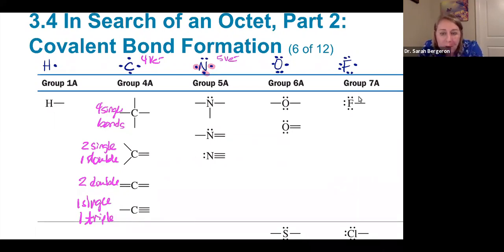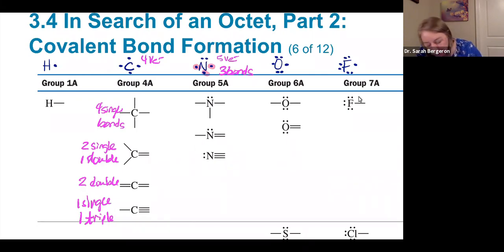You leave it alone because it's got a buddy. It's good. So you just worry about the 3 unpaired electrons. And so it can make a total of 3 bonds. How could you do 3 bonds? 3 different ways. 3 singles, a single and a double, or just a triple, right?